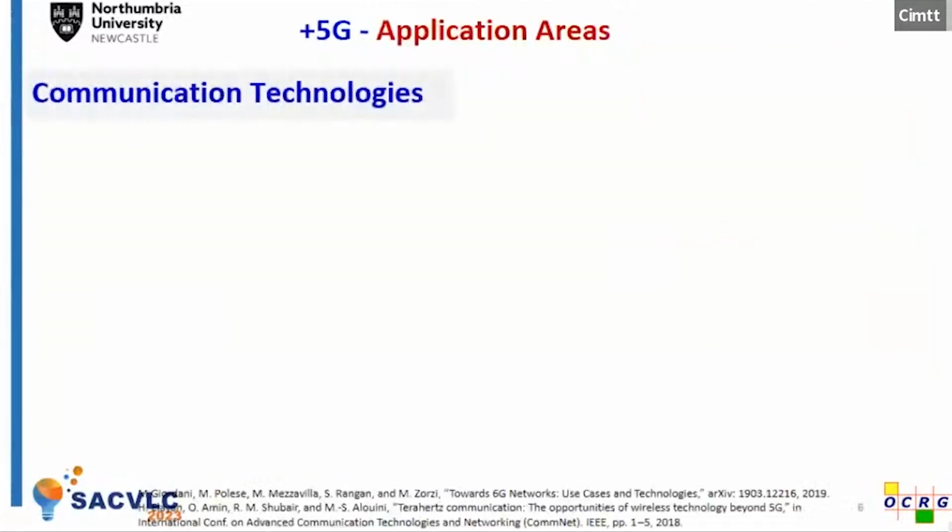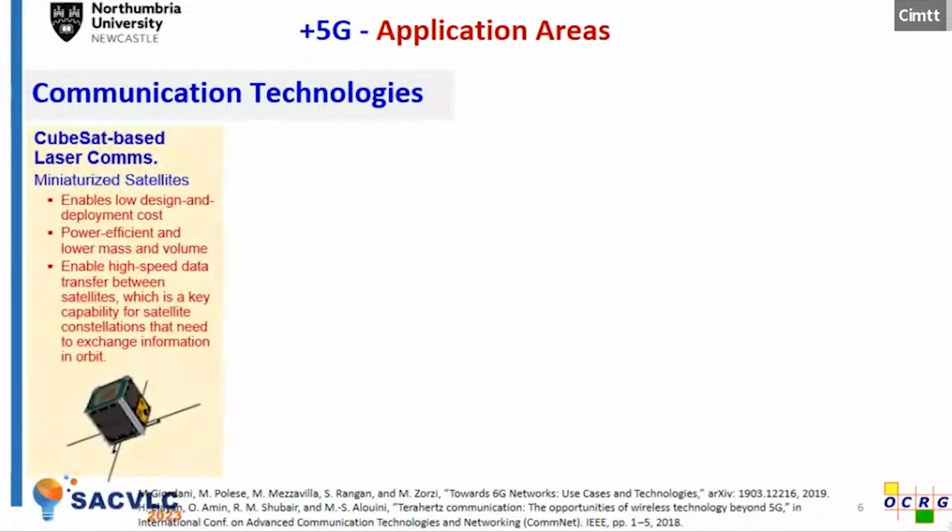So again, here we talk about the communication technology we currently have. If you get an overview of the communication technology we currently have, and what people are seeking in research, I just put forward one of the things, the CubeSat-based laser communication. I mean, the need for space: if you go now, there is a lot of research in a lot of areas working on CubeSat.